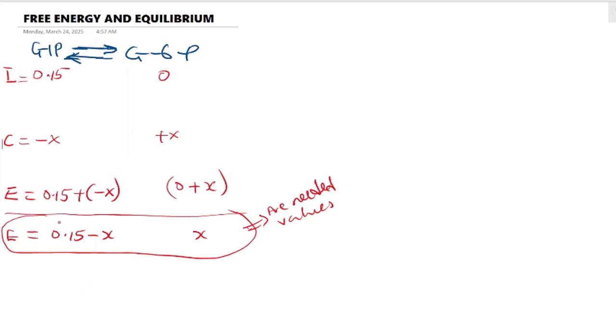So with that, we now employ it into the reaction equation. So we have K_eq is equal to your X, your product, over your reactant, which is 0.15 minus X. And all of this is equal to 20.97 as earlier calculated.